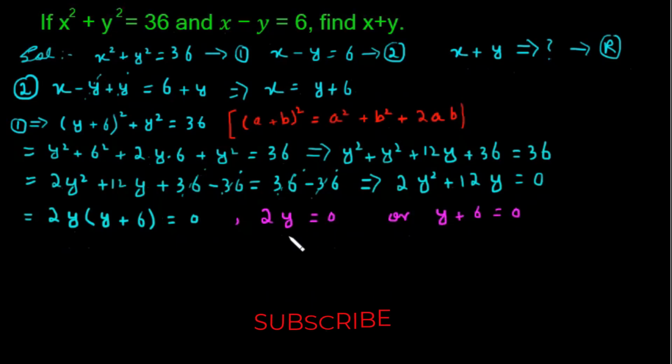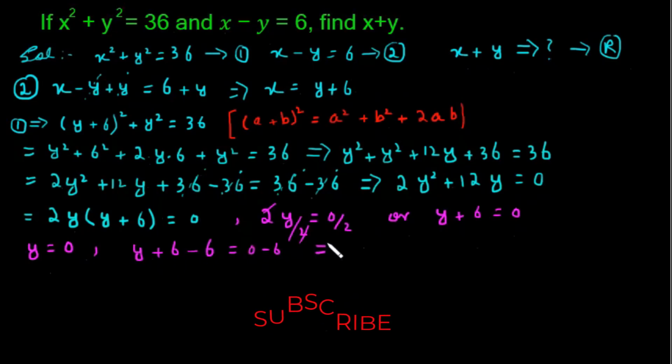This leaves me with y is equal to 0, dividing by 2 on both sides. And for y plus 6 is equal to 0, subtracting 6 from both sides, this cancels and y is equal to minus 6.